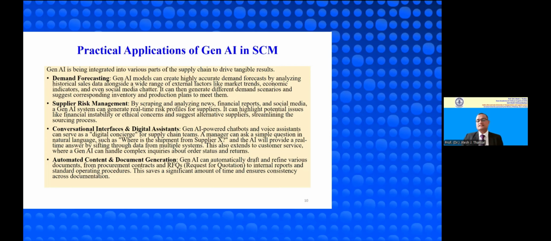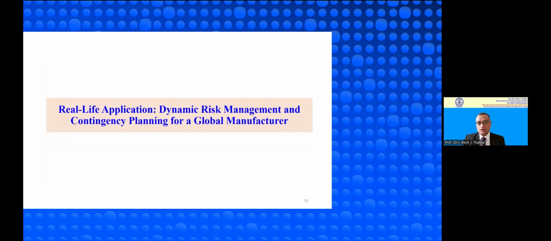Typically, this extends to customer service, where a Gen AI can handle complex inquiries about order status and returns. We can also look at automated content and document generation, which is a unique capability of Gen AI. It can automatically draft and refine various documents, from procurement contracts and RFQs, requests for quotations, to internal reports and standard operating procedures. Typically, this saves a significant amount of time and administrative effort, and ensures consistency across documentation.